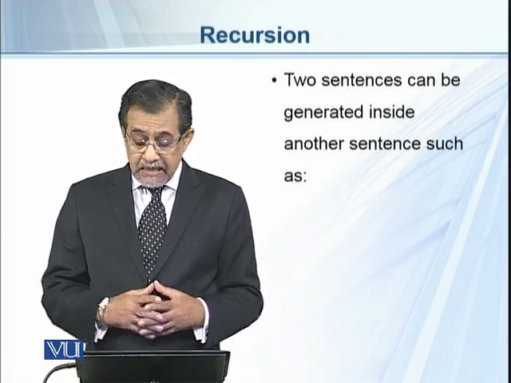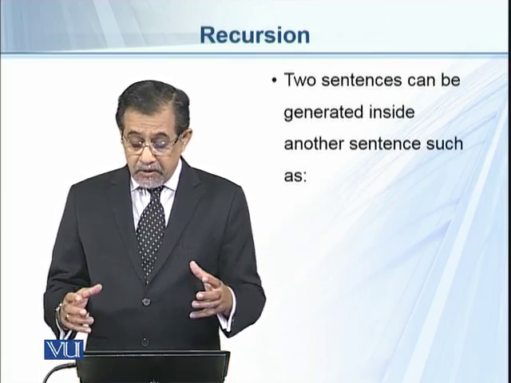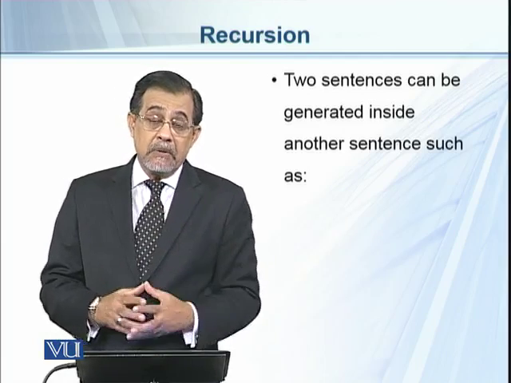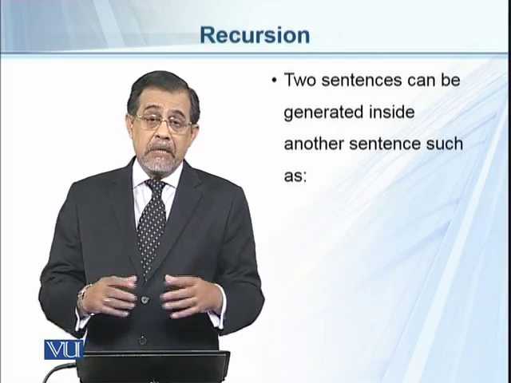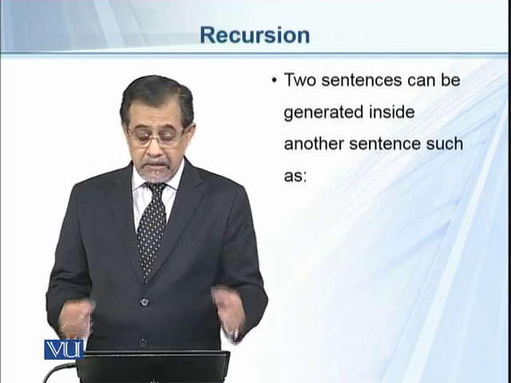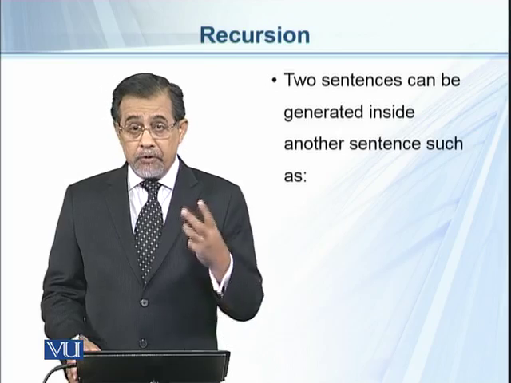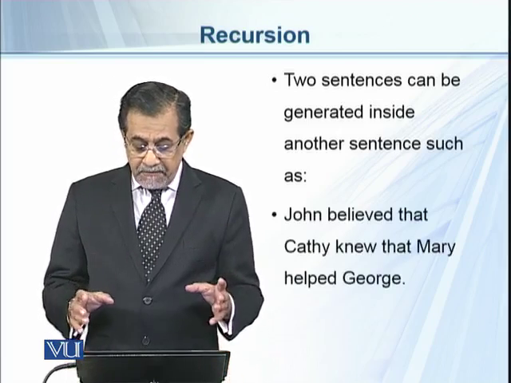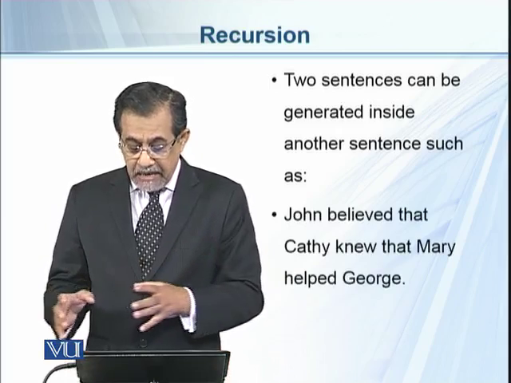Two sentences can be generated inside another sentence. So it's not only one sentence that can be put into another sentence. We can put more than one sentence, and we have an example of two sentences put into one sentence. John believed that Kathy knew that Mary helped George.